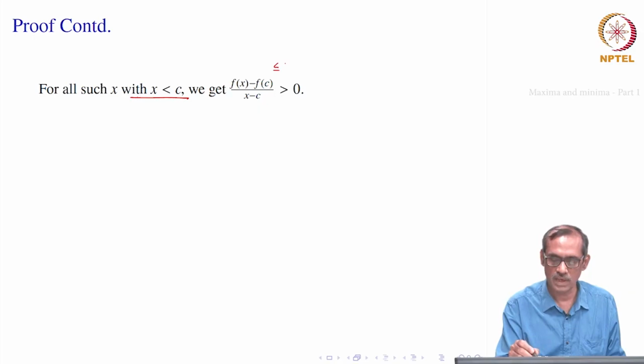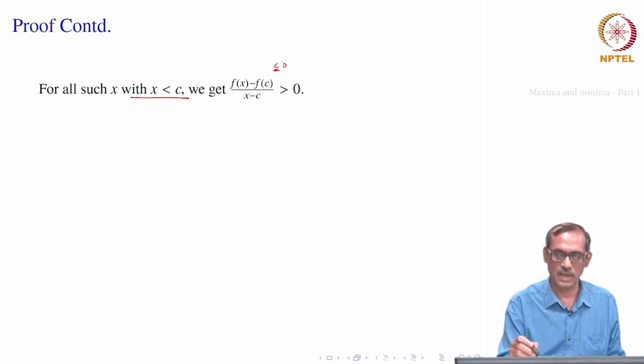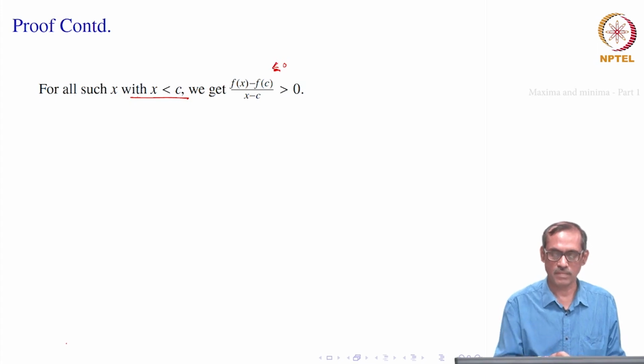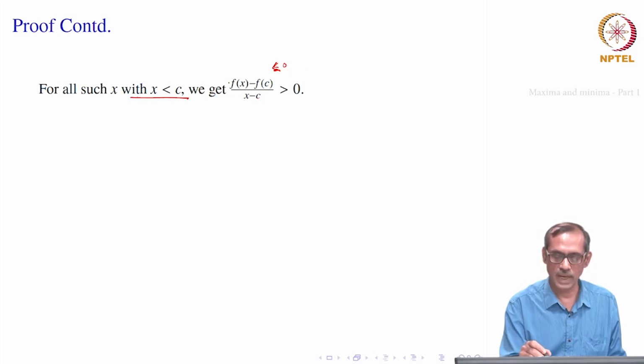The numerator here is less than or equal to 0. In fact, let us say less than 0. Okay. And the denominator x minus C is also less than 0, right. So, you get the quotient f of x minus f of C by x minus C greater than 0.